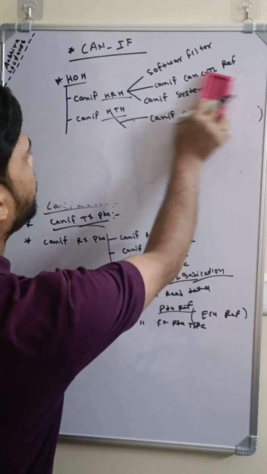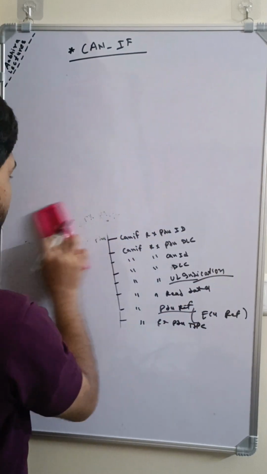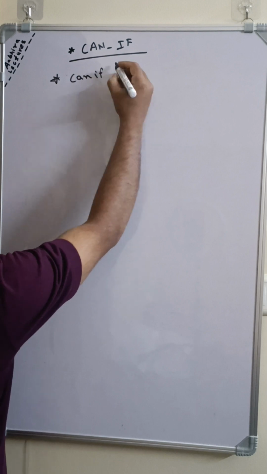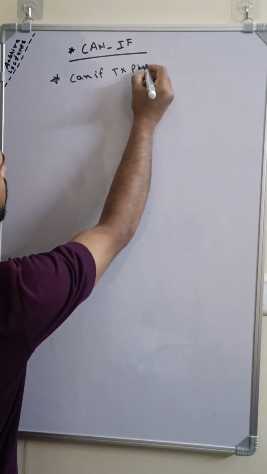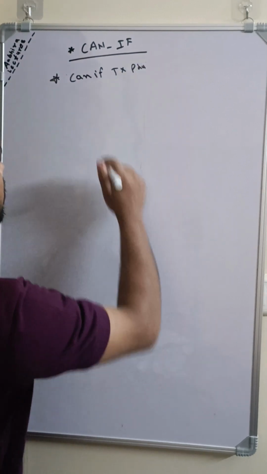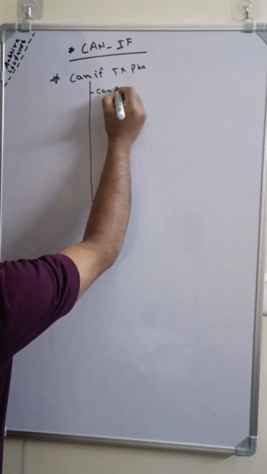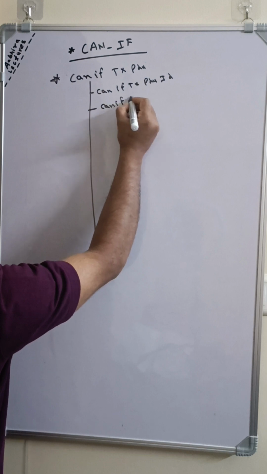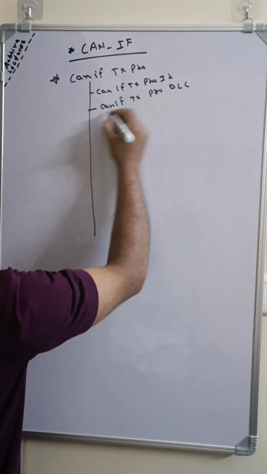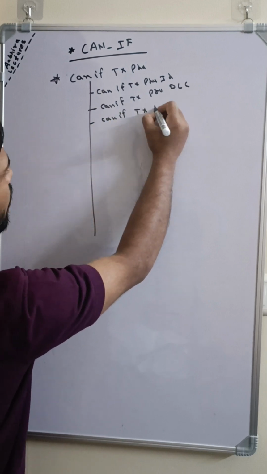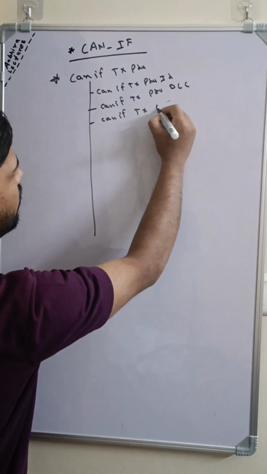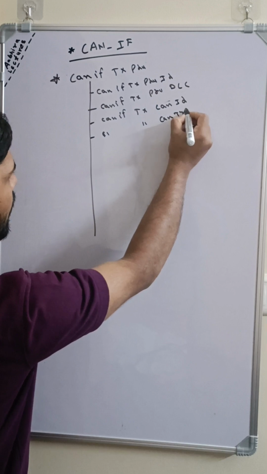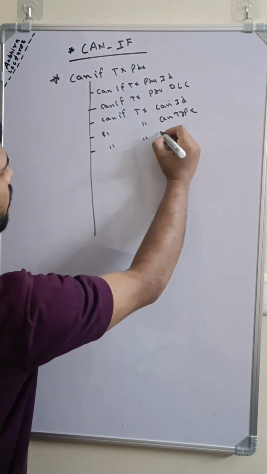I will write here CANIF TX PDU. In this we are going to configure CANIF TX PDU ID, CANIF TX PDU DLC, CANIF TX PDU CAN ID, CANIF TX CAN tag, and CANIF upper layer indication.